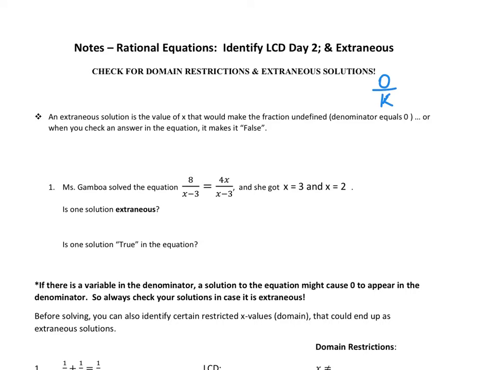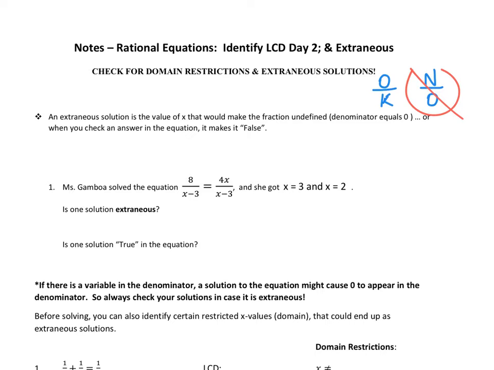K can just be some number, but you cannot do this. No to the 0 being at the bottom, right? So that's what's going to create some undefined fractions, when we have that denominator as 0.